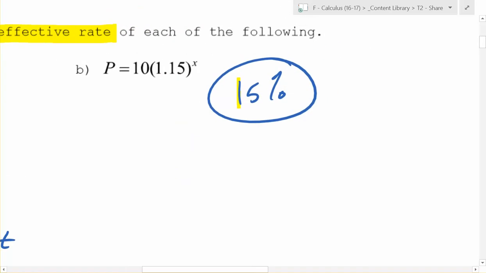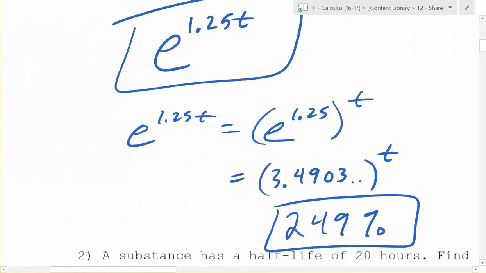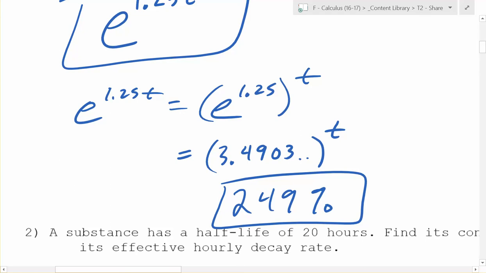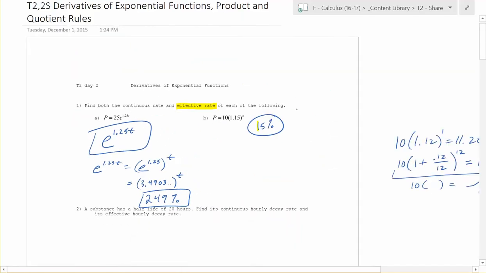Natalie, how'd they get the 15% right there? 15% was how much greater than 1, right? Yeah. So over here, how much greater is 3.4903 than 1? It's 2.49. So the R is 2.49. What is that in percentage? 249%. So we've done half of this so far. This right here, these are both the effective interest rates. Nice.